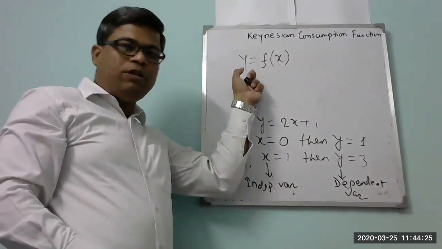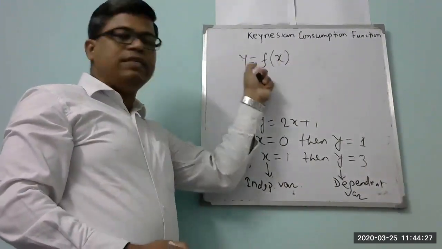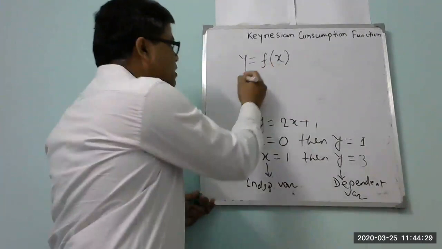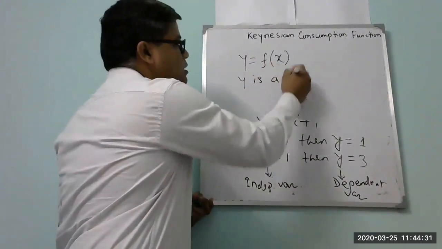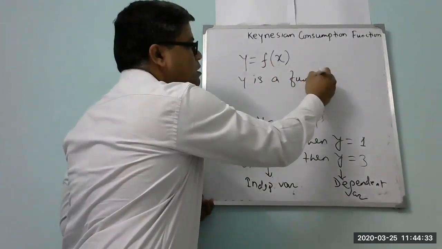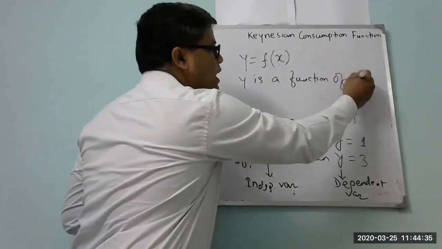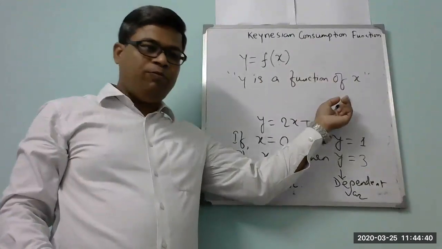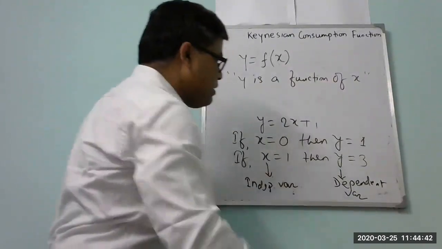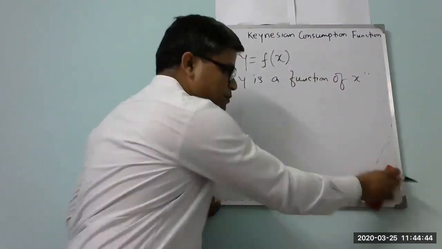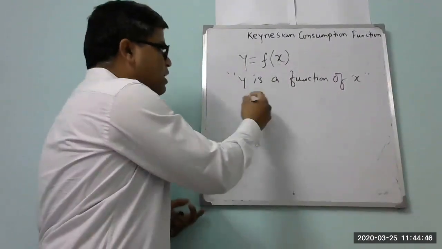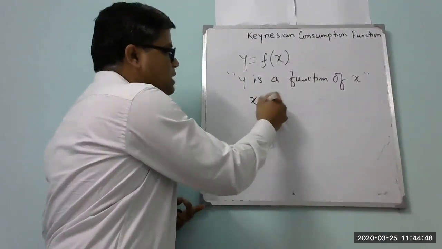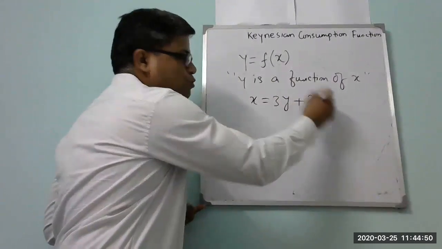And how to read this? This reads as y is a function of x. I'm giving you another example. Suppose the equation is x equals 3y plus 2.